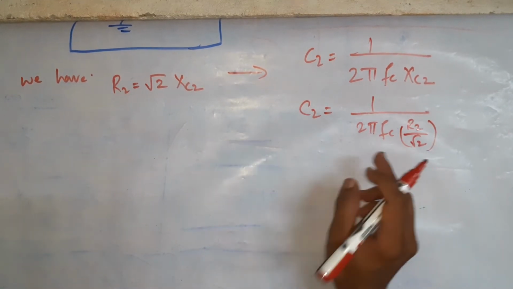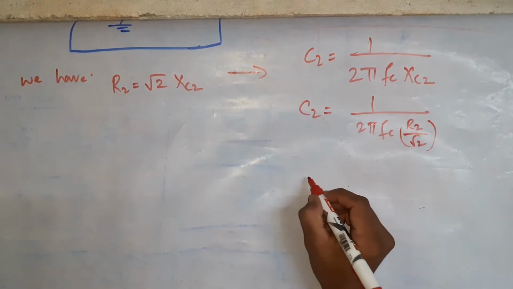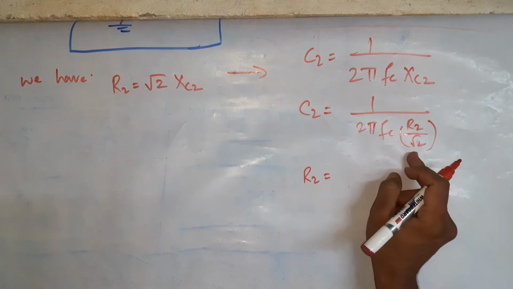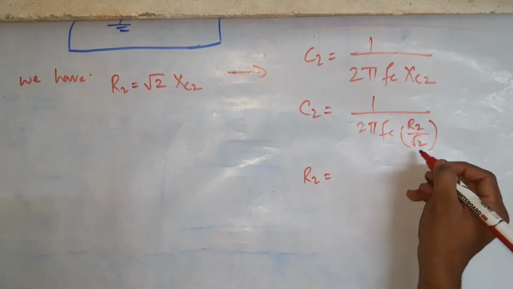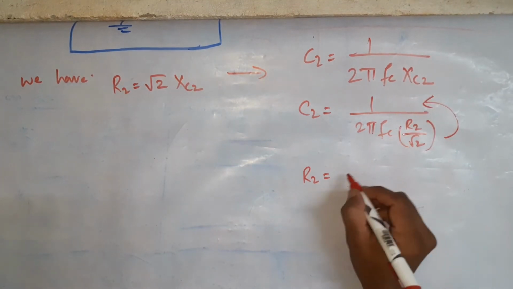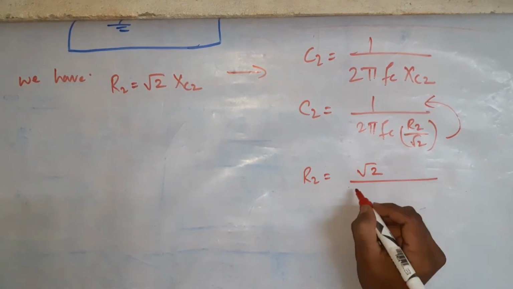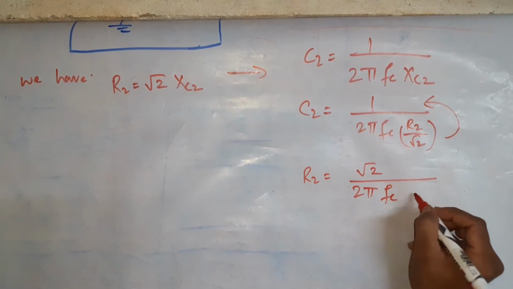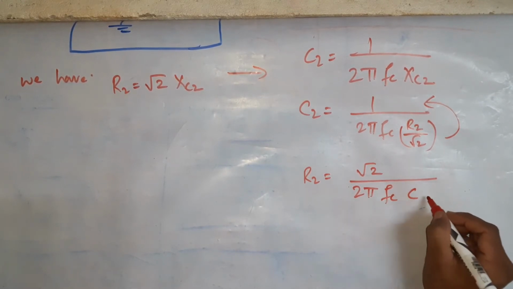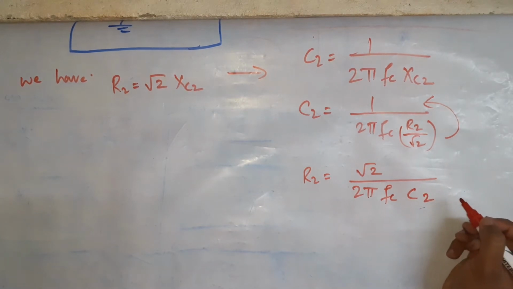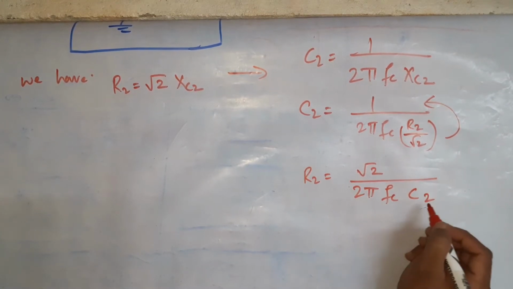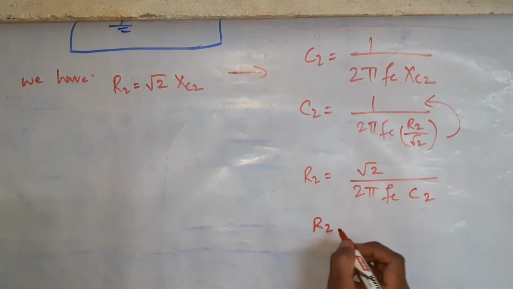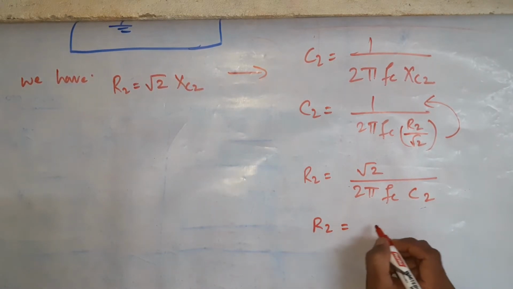Now I want the R2 value out of this. So I can write R2 equal to, this R2 will go to the numerator, so this remains as it is, root 2 over 2 pi Fc C2. Here C1 and C2 are both the same.